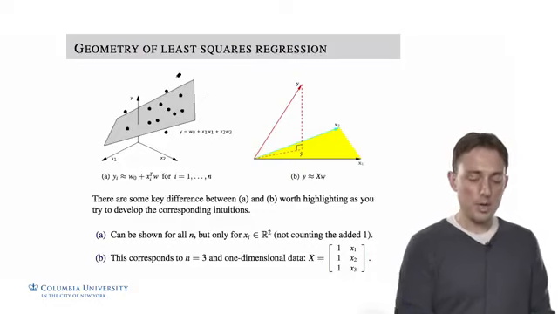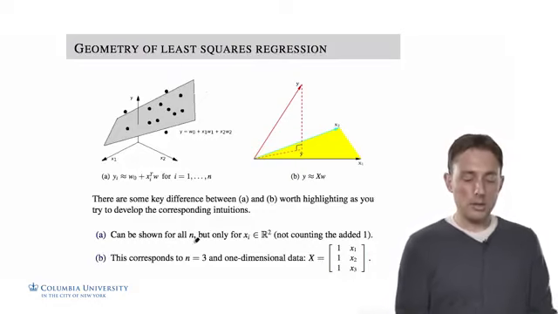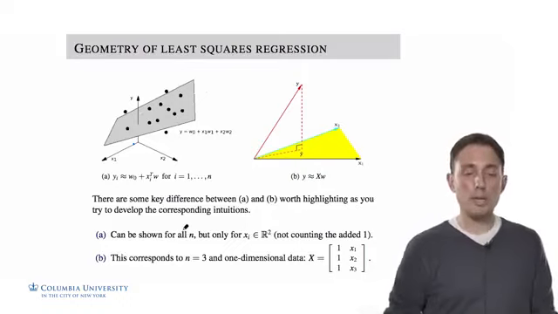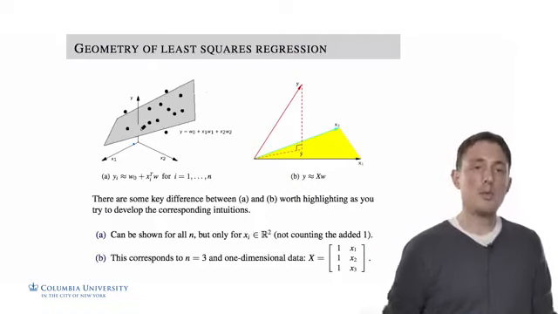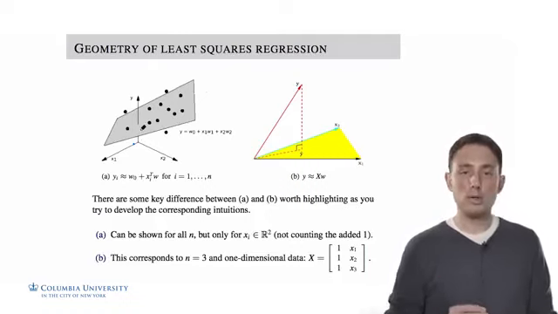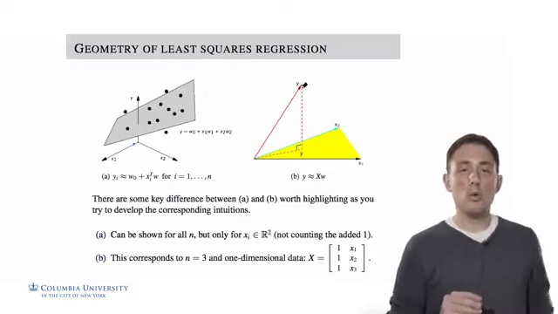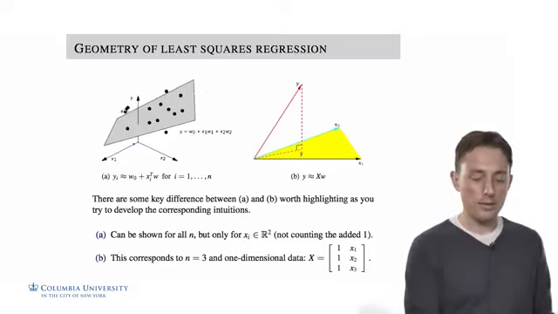So something like this can be shown for as many points as we want. The data is in R2, and then the offset, the shift of this hyperplane, corresponds to the weight w0. In this other case, we're representing all of the y's in one vector. So here we have different values for y, the output according to the input.